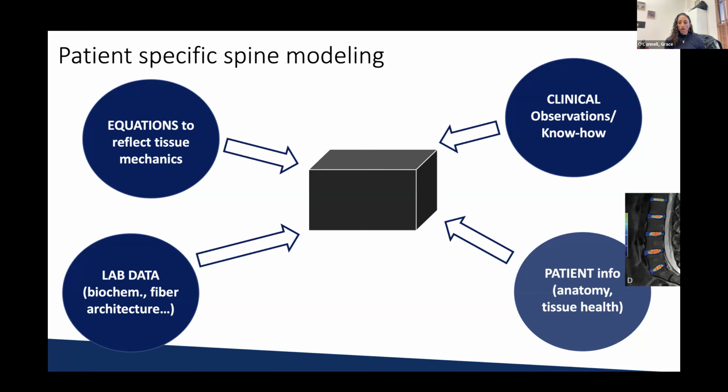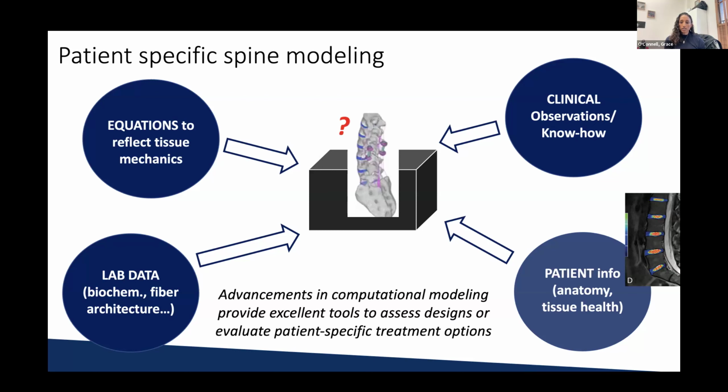So how well our models predict what clinicians have observed with degeneration and with injury, and ideally to include patient-specific information. As one of the previous speakers mentioned, taking MRI scans to get patient-specific geometry, or using T1 rho or T2 mapping to know the exact composition in the disc and how that changes. So all of this information can be combined together to create a computational model, a finite element model, to assess loading conditions and to look at how different treatment options may impact the remaining tissues.